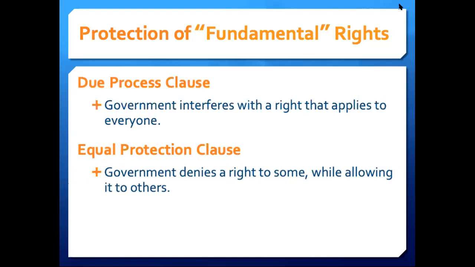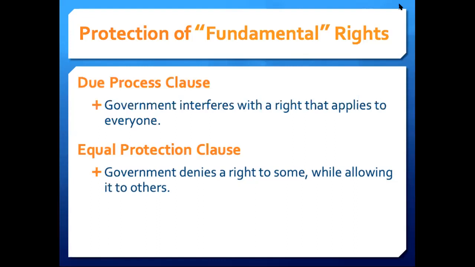But Equal Protection Clause issues are triggered anytime we have the government classifying people and giving one group of people a benefit that they don't give to others, or applying a burden to one group of people that they don't apply to others. So the example here would be not that we have a state law banning the sale of contraception, but rather we have a ban on the sale of contraceptives to unmarried people. The government is separating people into two groups and placing a burden on one group or providing a benefit to another group.